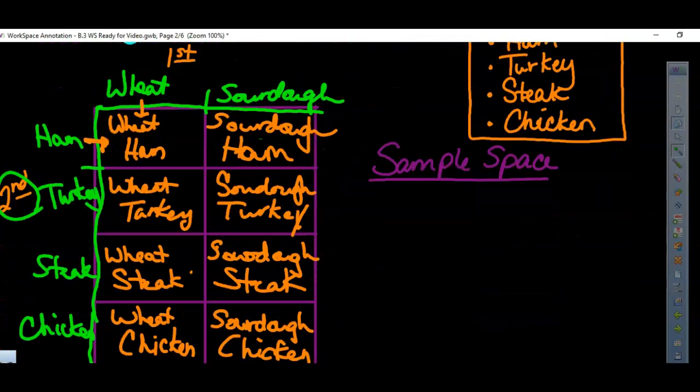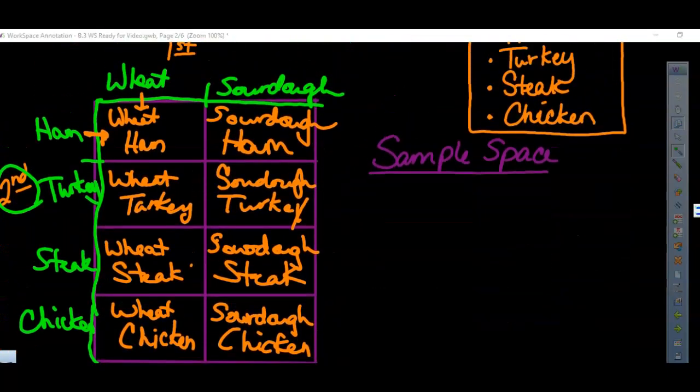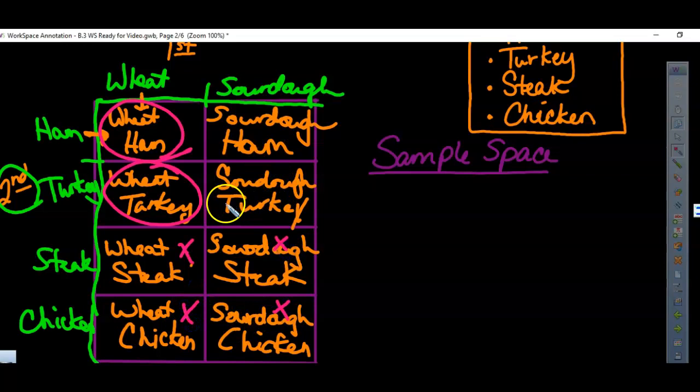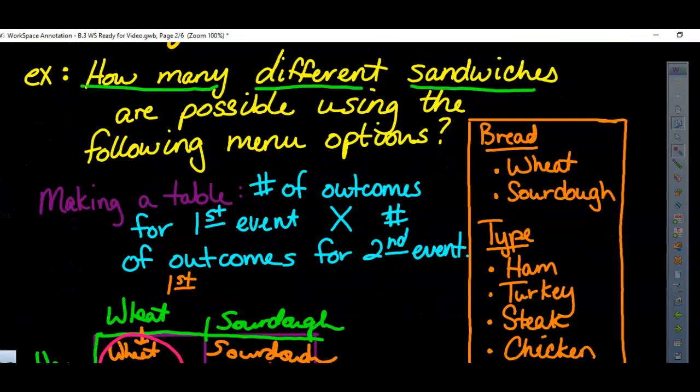So in that case, we can pretty much be done here as long as we have a clear understanding that each one of these represents one different type of sandwich that can happen. So we have 1, 2, 3, 4, 5, 6, 7, 8 different types of sandwiches. So the answer here of how many would be 8.